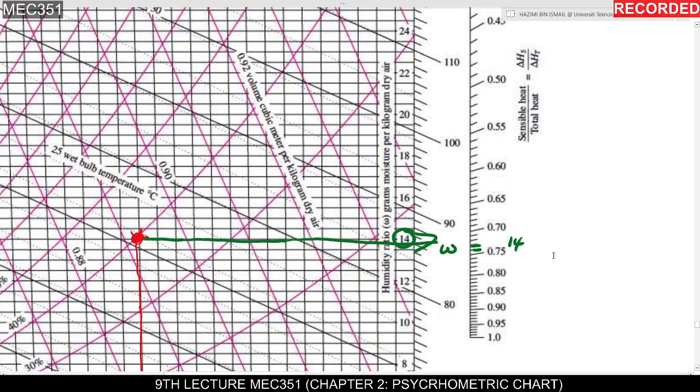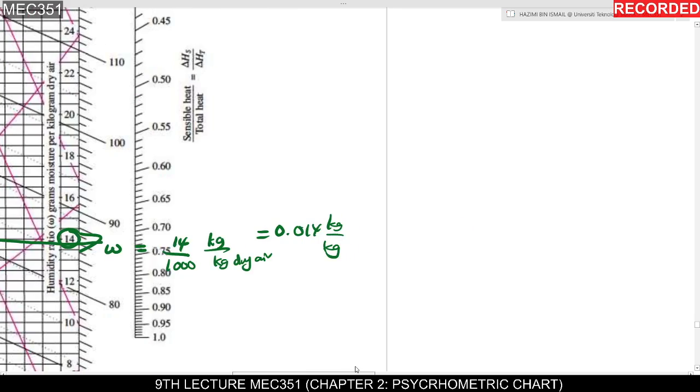You have to get the value in the unit kilogram per kilogram dry air, right? So 14 here, you must divide by 1000 to get this unit. So this is your final value for omega. So this is 0.014 kilogram per kilogram dry air.